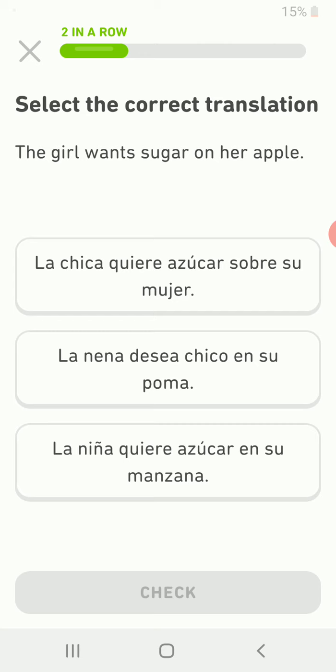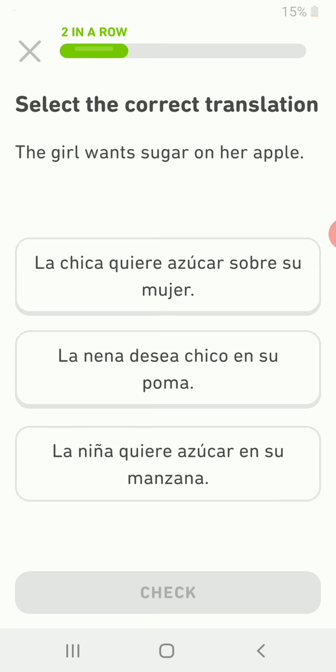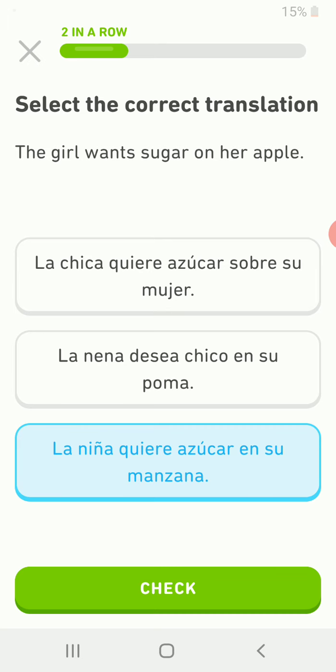So niña, we know it's a girl, but chica is like chicks. So when you talk about girls, like chicks, you know. So la chica quiere azúcar sobre. So on, en su. That would be the correct answer.